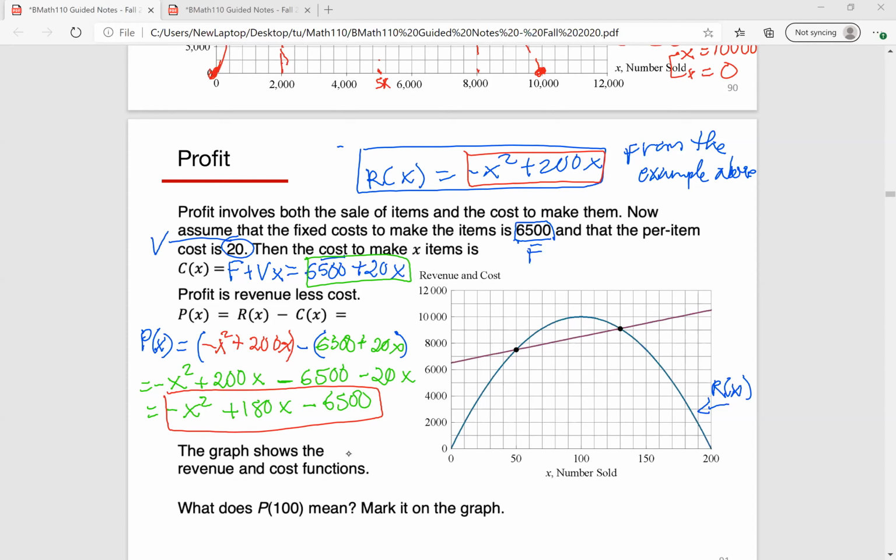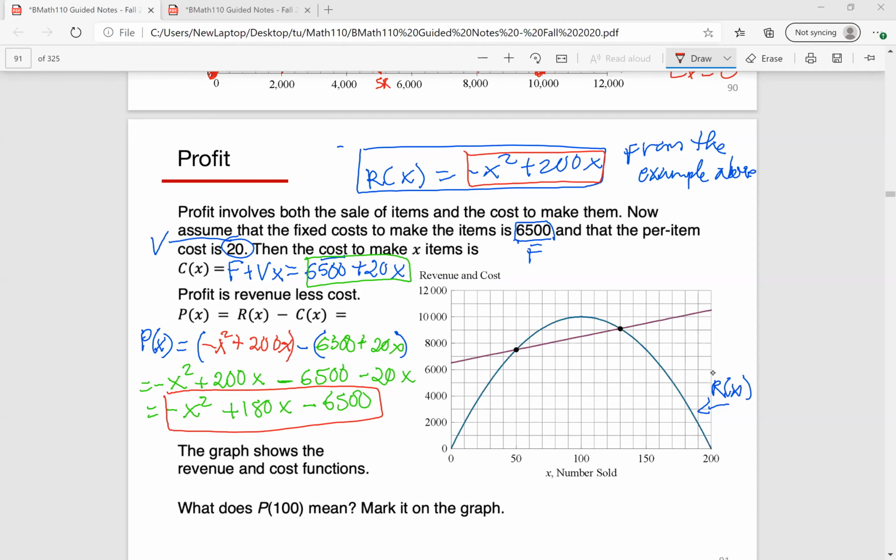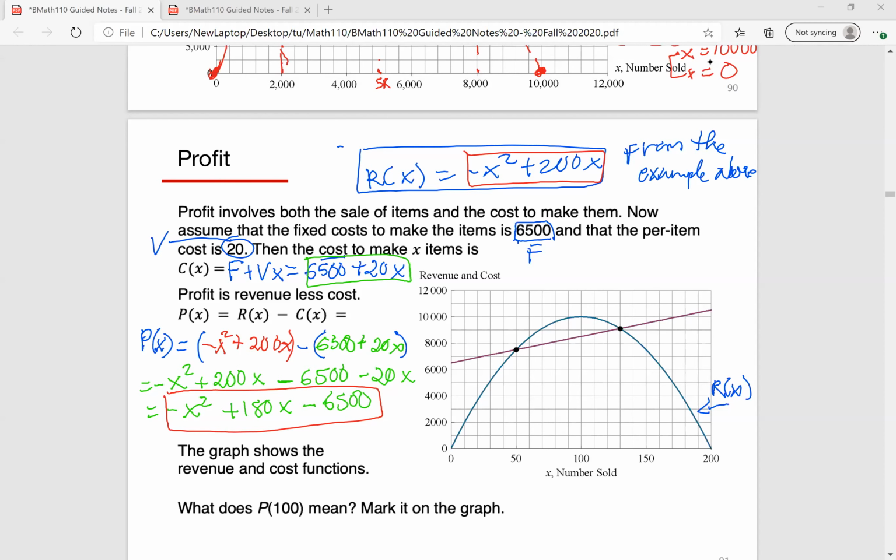Okay, so the blue line here is the graph of the revenue function, and the brown line here is for the cost function, C of x. And what does P of 100 mean?